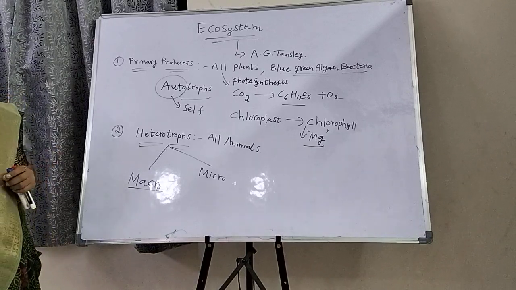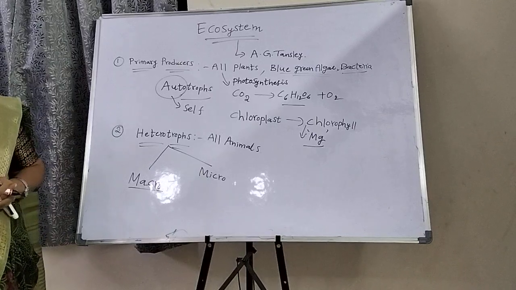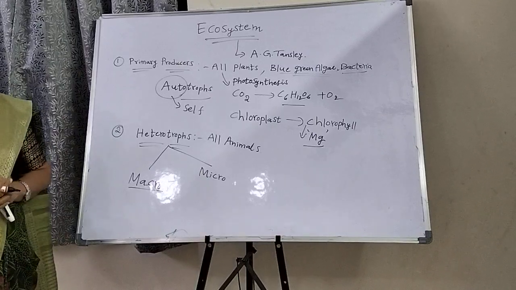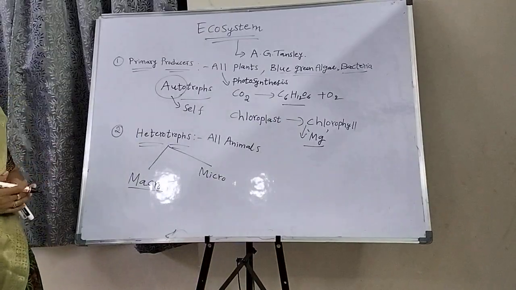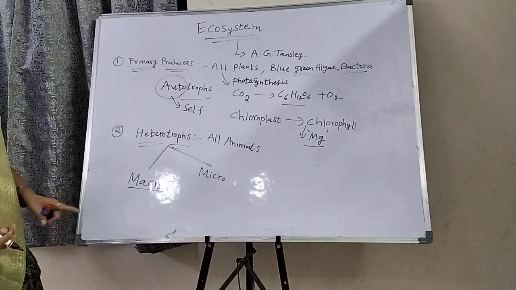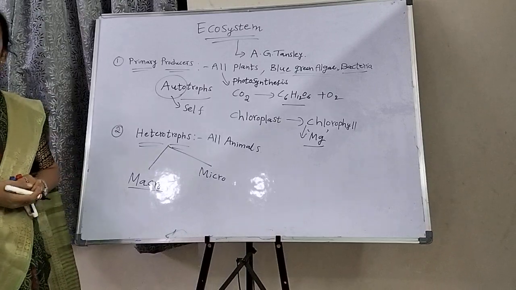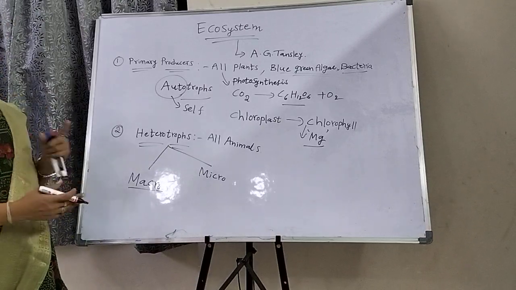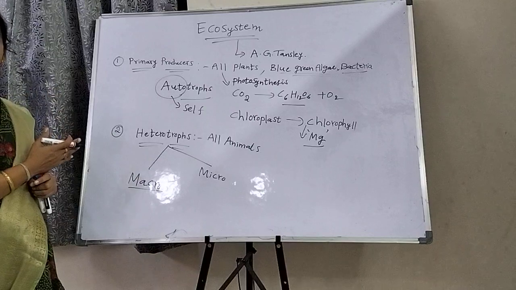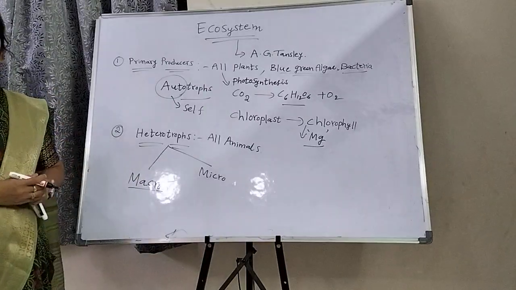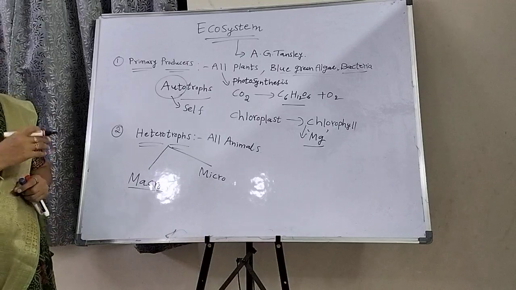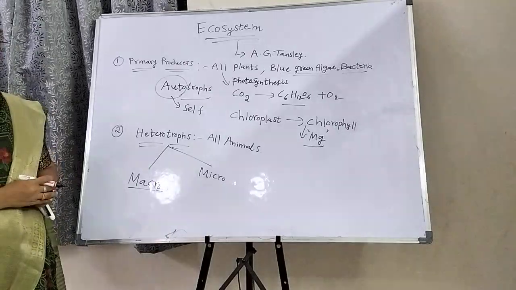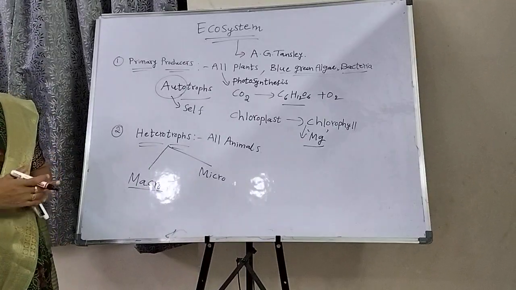Those which eat flesh or meat are known as carnivores. Those which consume both plant products and animal products are known as omnivores, like all human beings.